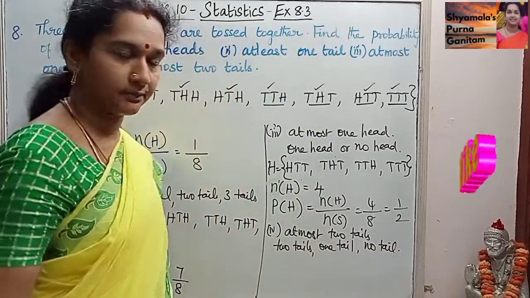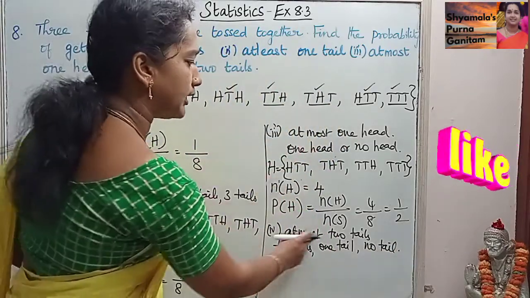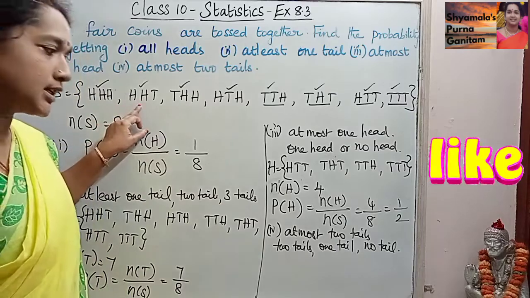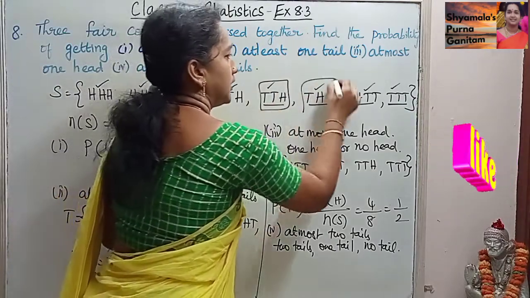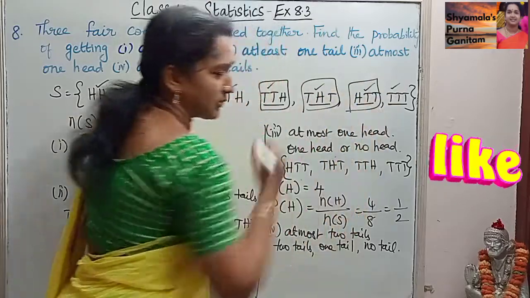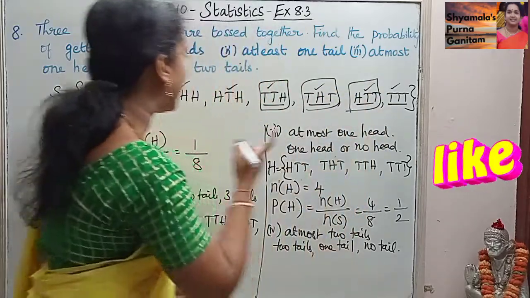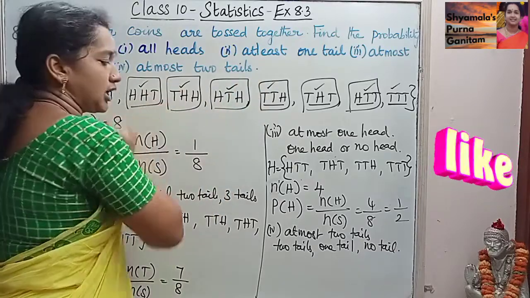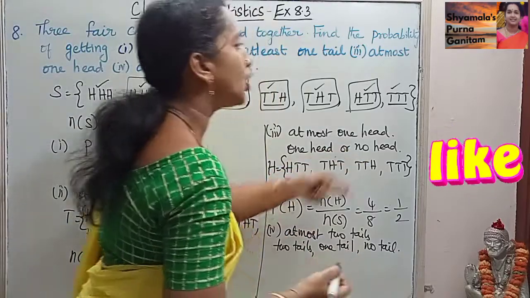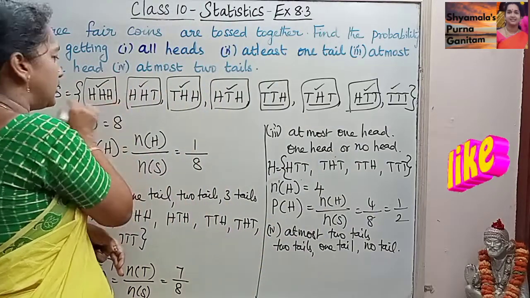Here it is tails given, so we take the 2 tails outcomes, then the 3 outcomes with 1 tail, and then the no tail outcome.